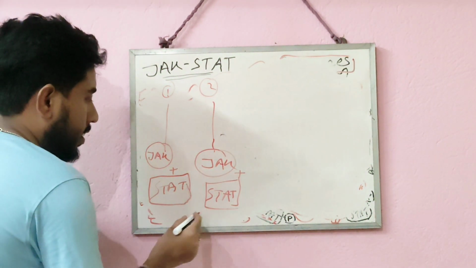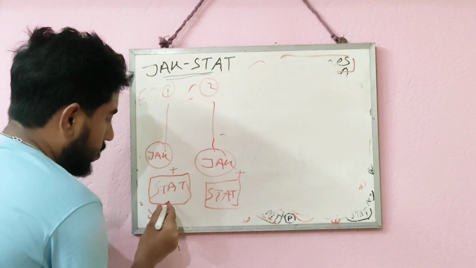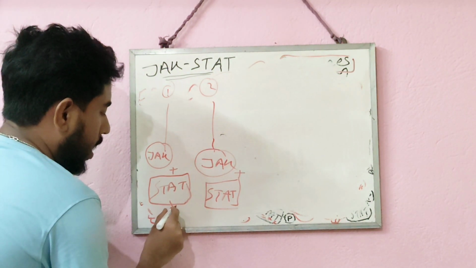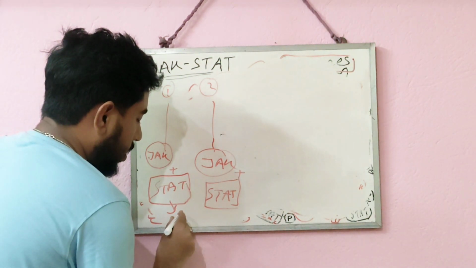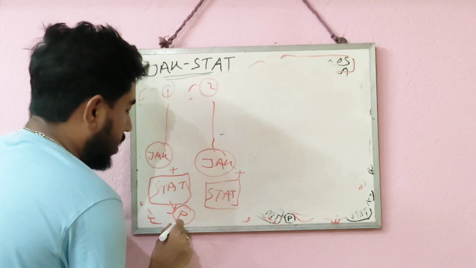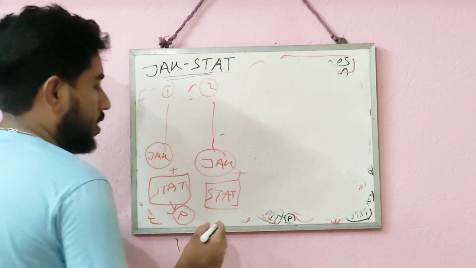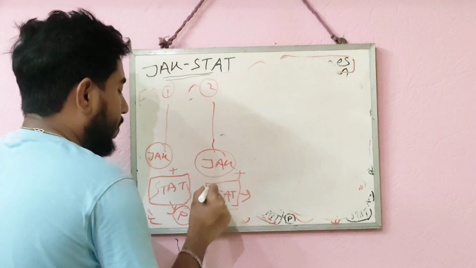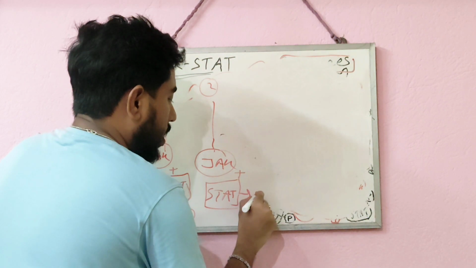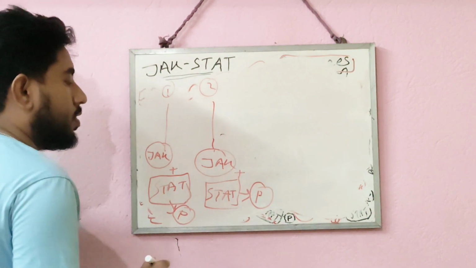After they are binding with that Stat, they are going to be phosphorylated. Phosphate will come and bind with the Stat protein, and the same thing will happen with the Stat and Jak complex. Phosphate will come and cause phosphorylation.